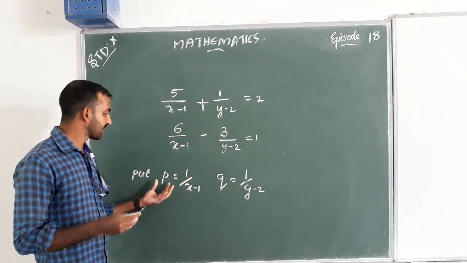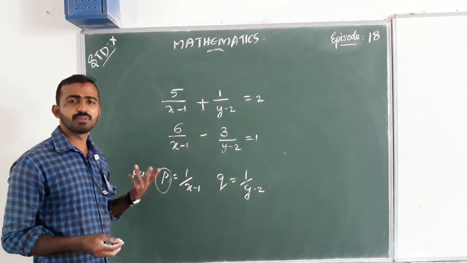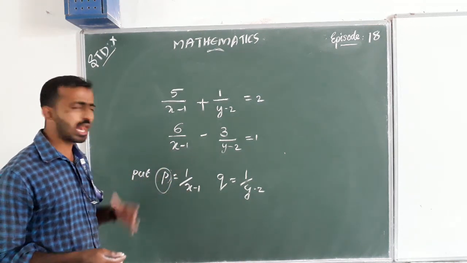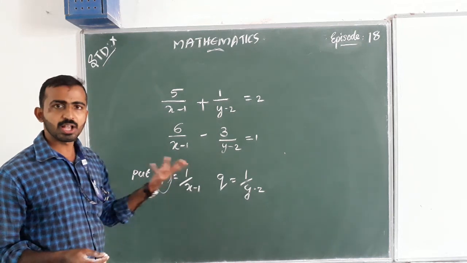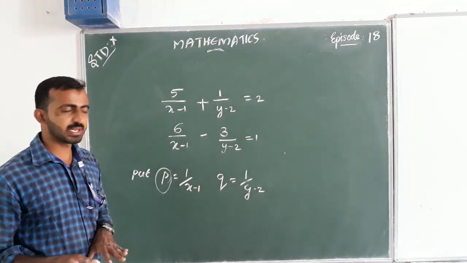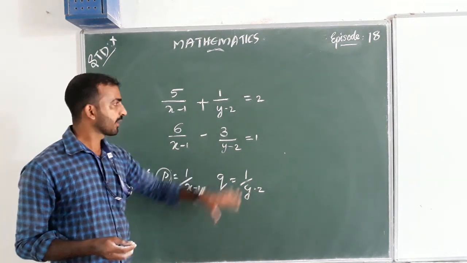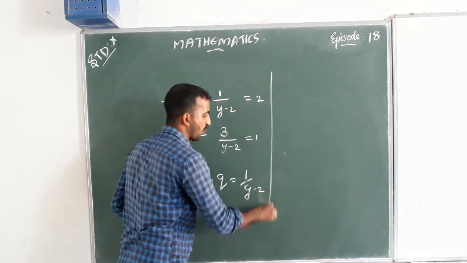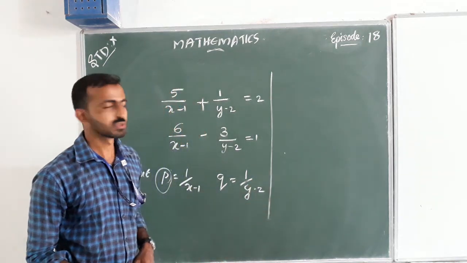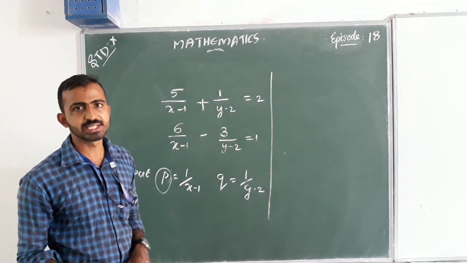If you like, you can take these variables as any letters of the alphabet, as you like. Here I take p as 1 by x minus 1 and q as 1 by y minus 2. So we can rewrite the given equations.